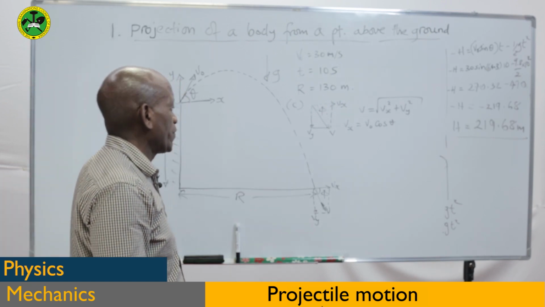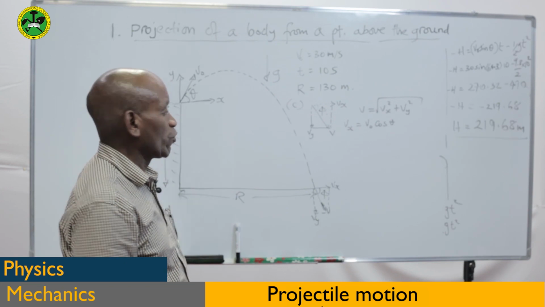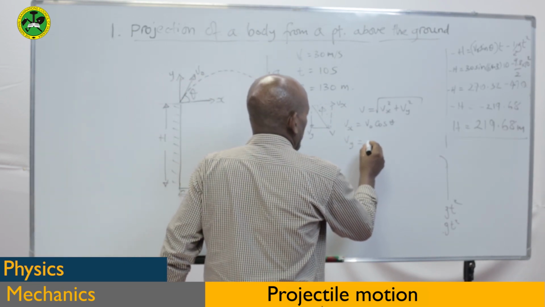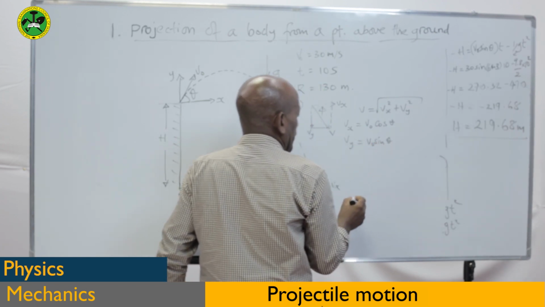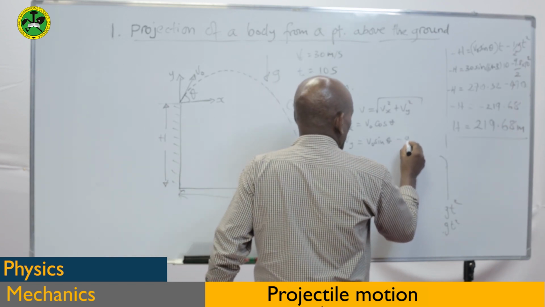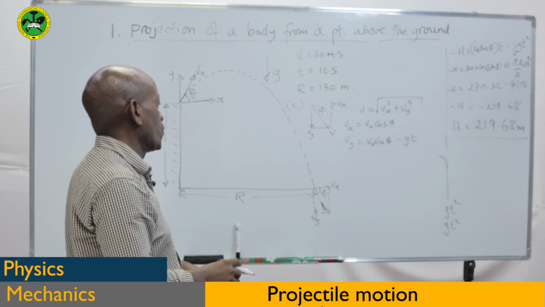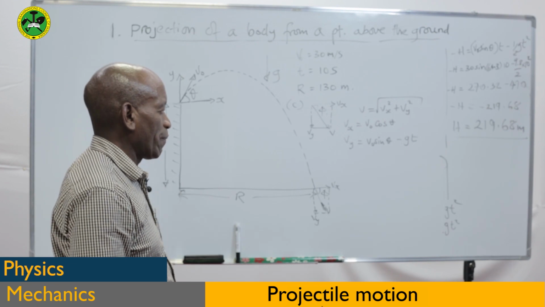The acceleration due to gravity acting in the x direction is equal to 0. So our vx will be equal to v naught cos theta, and vy will be equal to v naught sin theta minus gt. These are the values we are going to substitute.